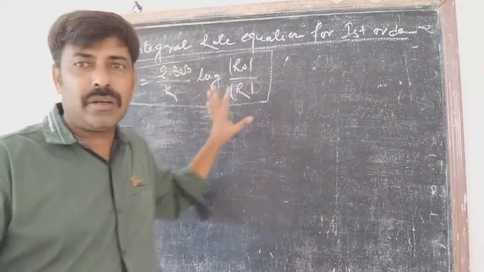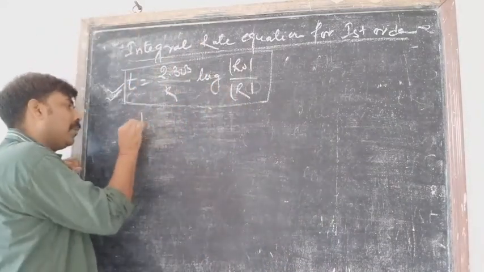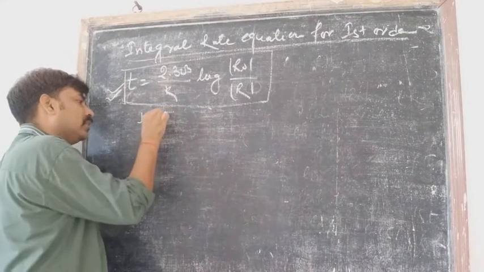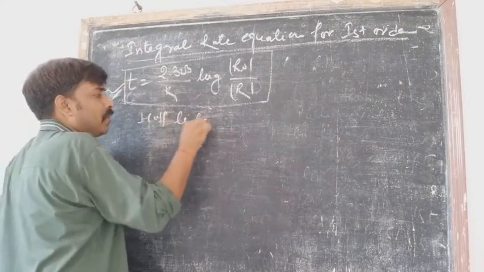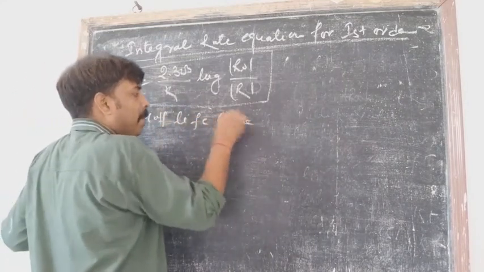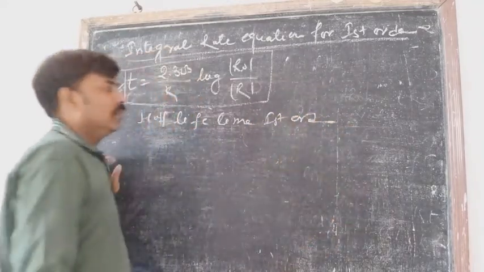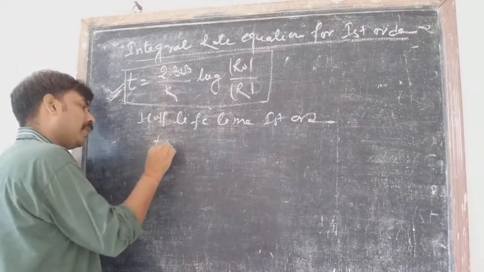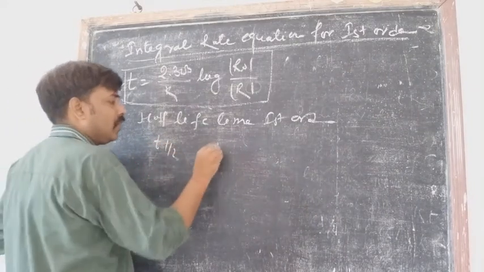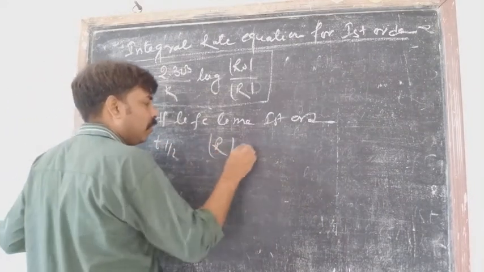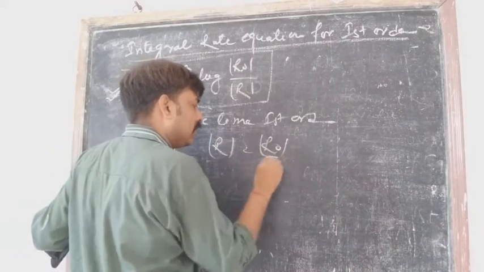Now here we are trying to get the half life period for the first order reaction. At half life T half, the final concentration R will be half of the initial concentration.